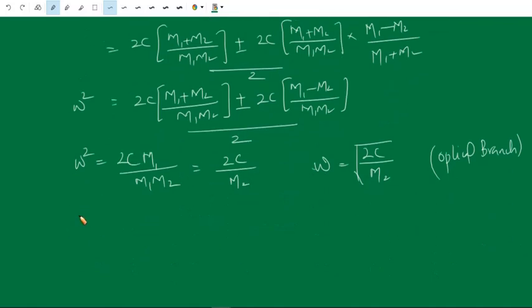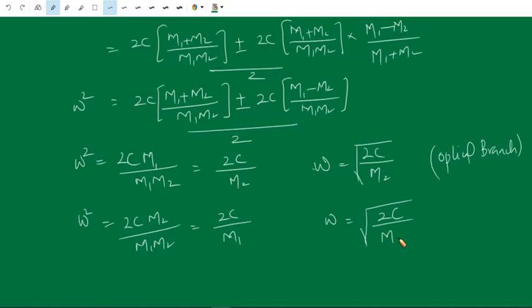Okay, similarly omega square corresponding to the negative term is 2c(m1 + m2)/m1m2 minus 2c(m1 - m2)/m1m2. So this will become 2c m2 divided by m1m2, which is equal to 2c divided by m1. Omega is equal to the root of 2c divided by m1.